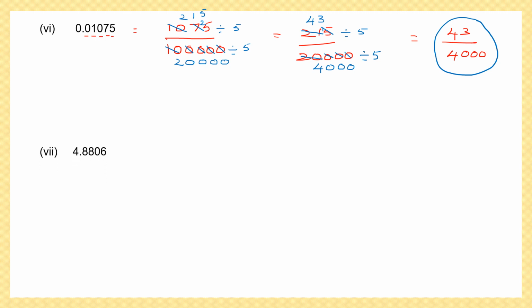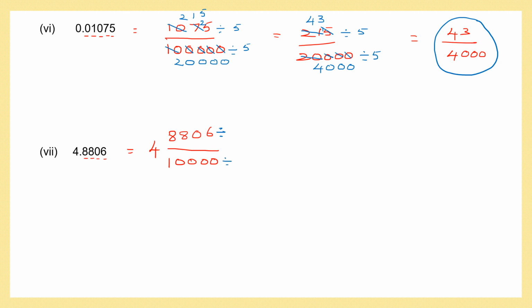The seventh one, 4.8806. So 4 is my whole number. 8806 is my numerator. My denominator will have 4 zeros. So my whole number will remain the same. I'm going to reduce the numerator and the denominator of this fraction.